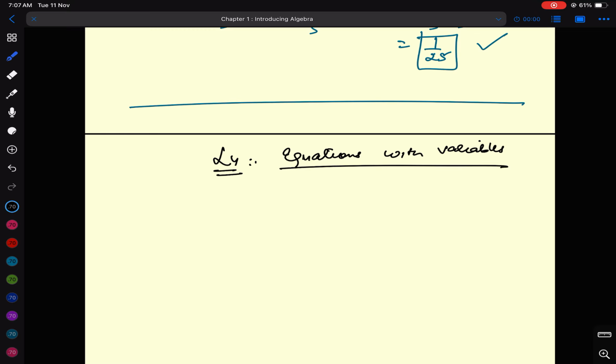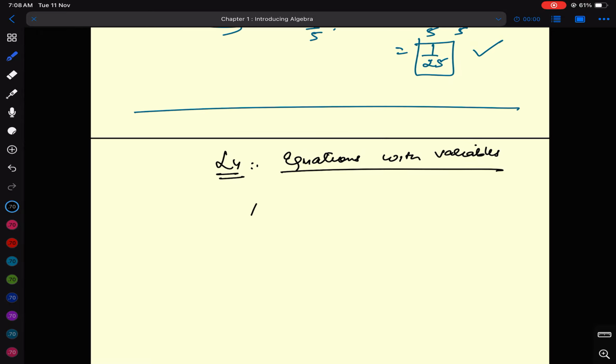So what did it tell you, what we are going to study as part of this lesson? As the name itself suggests, equations with variables, so that means definitely the equations are there and also the variables are there, right? What we are going to study as part of this lesson is solving these equations. And how do we solve these equations?